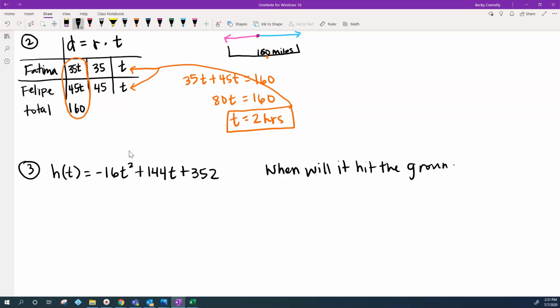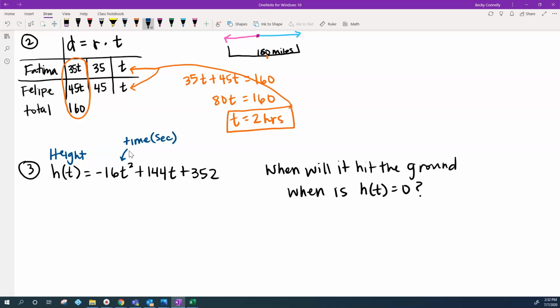Because that is asking, when is h of t 0? Remember, h of t is the height, and t is the time in seconds.